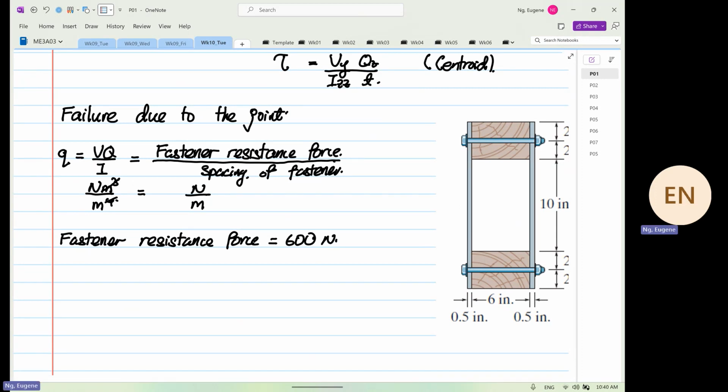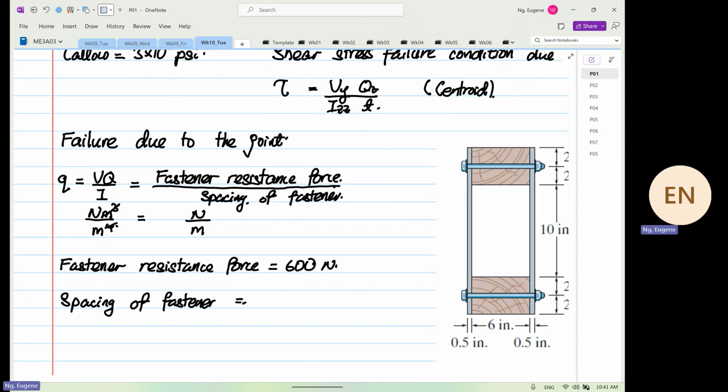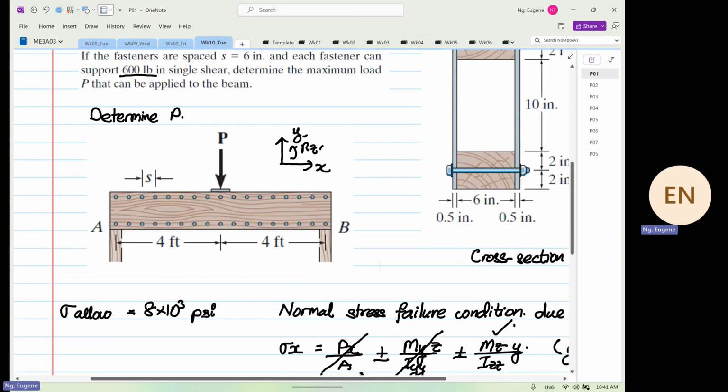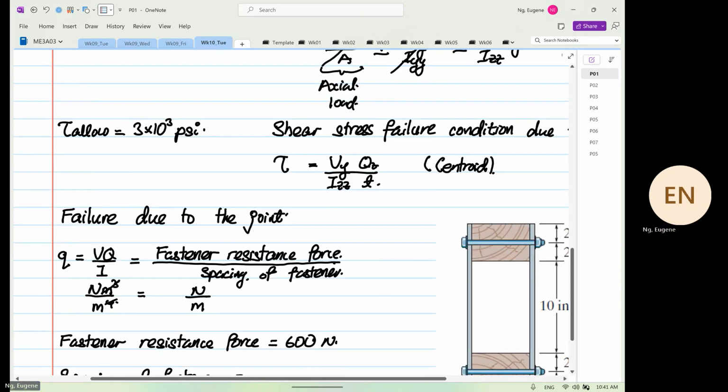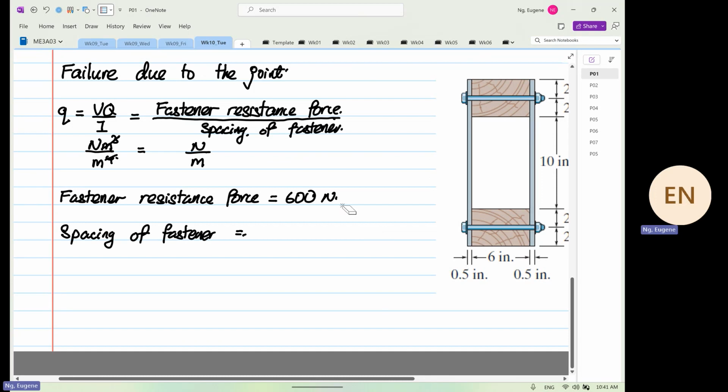And we are also given the spacing of fastener, which is equal to 6 inches. Sorry, pound force. I do beg your pardon.